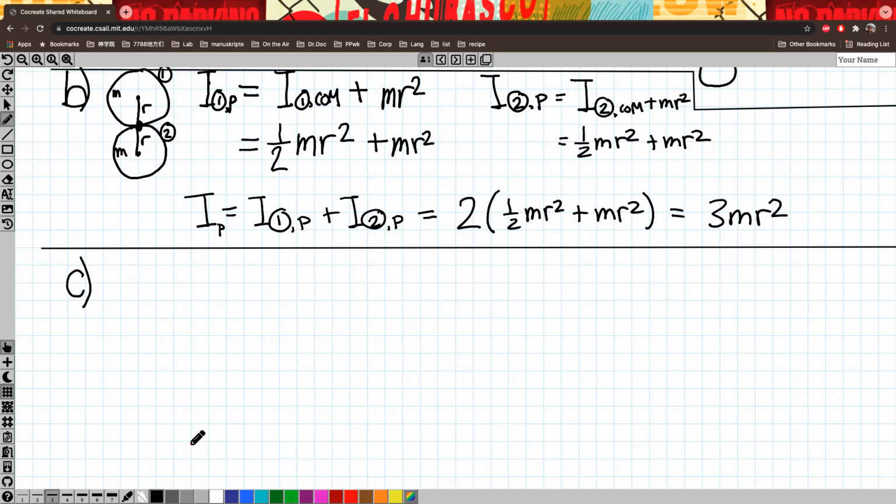Part C. Using conservation of total angular momentum, determine the angular velocity omega. So total angular momentum. Does that mean L is equal to L?